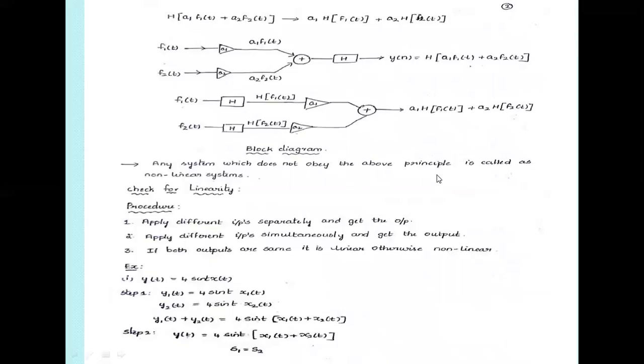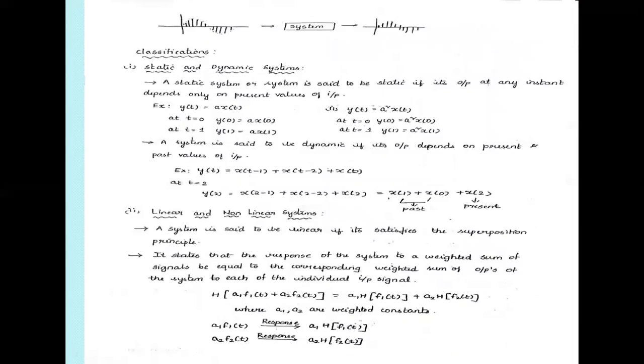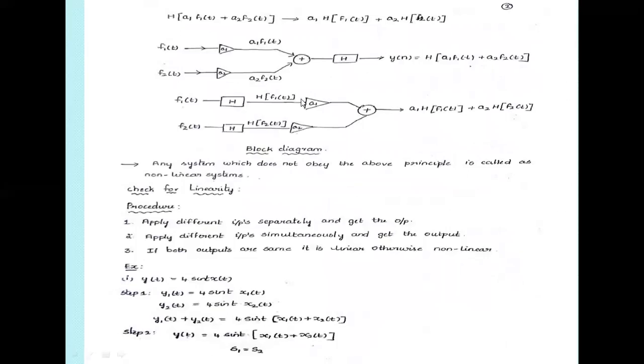Okay, we know a linear system means: take a signal f1 of t multiplied by a1, and another signal f2 of t multiplied by a2.